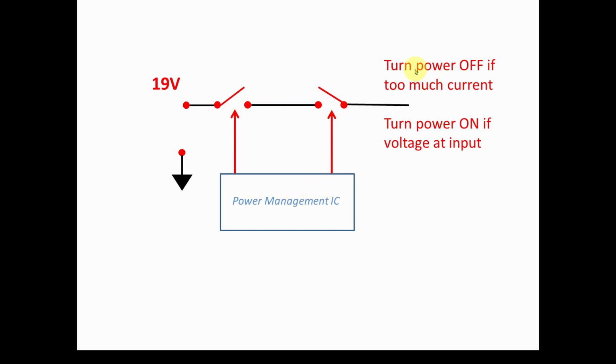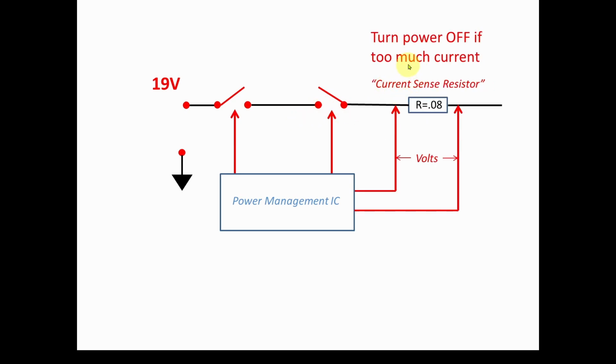So we're going to, for example, turn the power off if there's too much current flowing through this circuit, or turn the power on if the voltage at the input is okay. So we're going to have to measure those things: if there's too much current in this circuit, and also making sure there's good voltage coming in. And then we can control these switches.